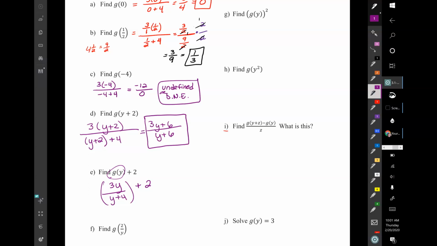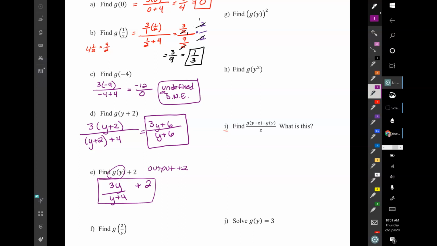Nope. We could maybe get a common denominator if we wanted to. A lot of times I'm just looking for this. I know I don't need the parentheses actually, but just think of this as output plus 2.